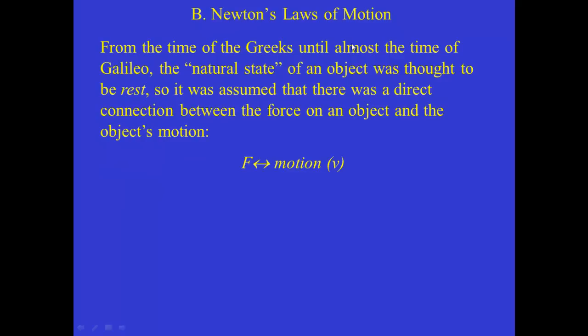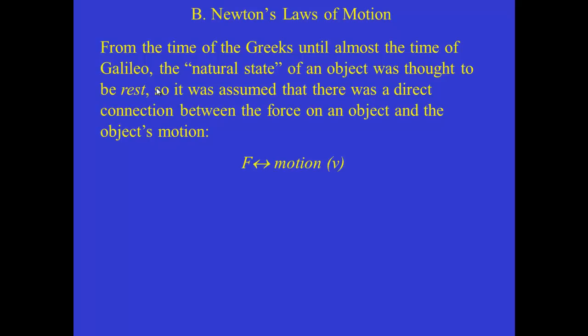So, from the time of the Greeks until almost the time of Galileo in the early 1600s, people regarded the natural state of an object as being at rest. And so, because of that, they assumed that there was a direct connection between the force on an object and the object's motion.